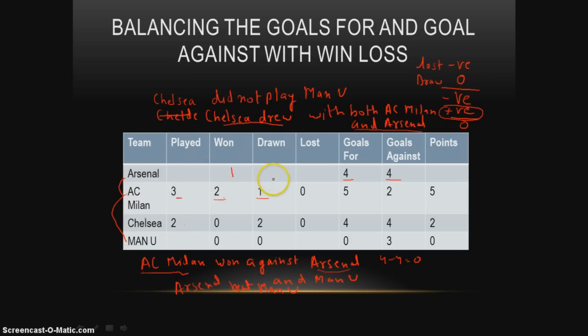It won against Man U, drew against Chelsea and lost to AC Milan. Hence, it has played 3 matches.